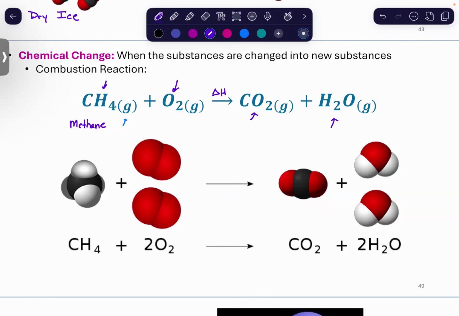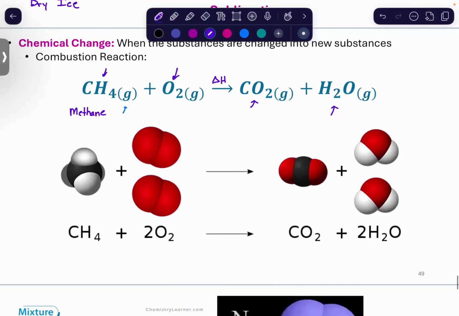So if there's a metal involved, it gets a little different. But for right now, your CH4, your methane, is what we call a hydrocarbon. It's just various numbers of carbons with hydrogens attached to them. You can have methane, ethane, propane, butane, so on and so forth. They're called hydrocarbons. And so the combustion of a hydrocarbon is always going to produce carbon dioxide and water.